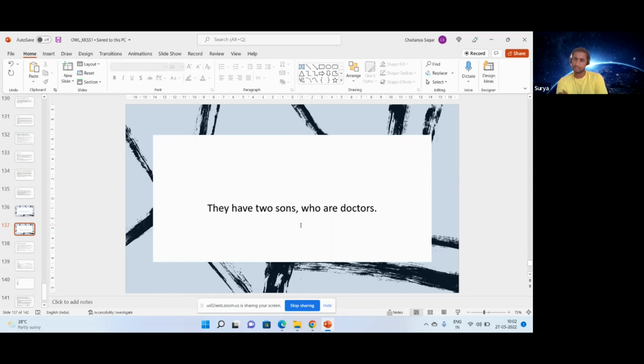So this comma is giving additional information. Even if you remove "who are doctors," it could still stand: they have two sons. That's what you wanted to say, and you're describing the sons. They are doctors. But in the above one, it's still not confirmed whether they have two sons or five sons or what. So that's the importance of the relative pronoun or the usage of a comma, or that, which, who.